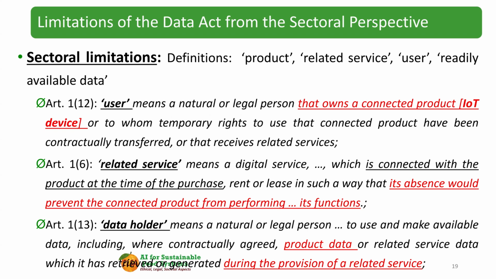But we know that in agriculture, instead of buying the expensive machinery, sometimes you just take a service. At the time of the harvest, you enter into a contractual agreement with a company.